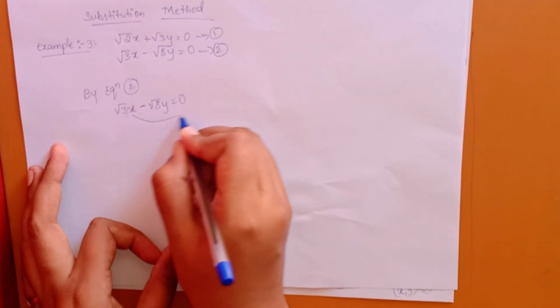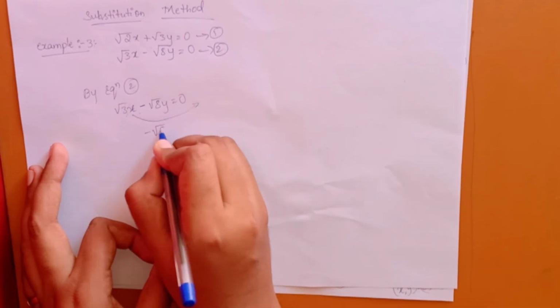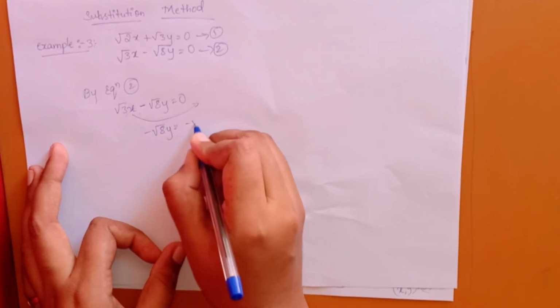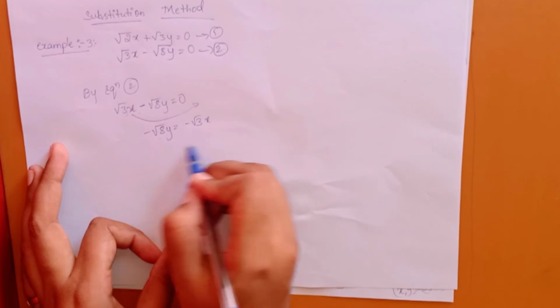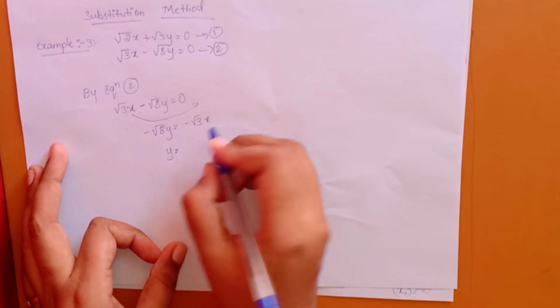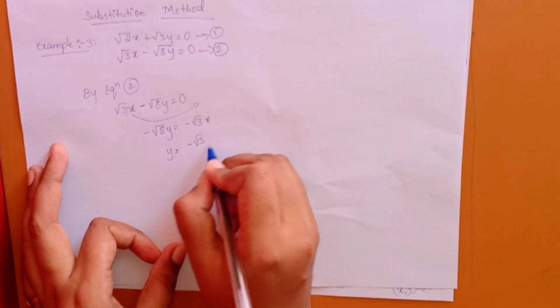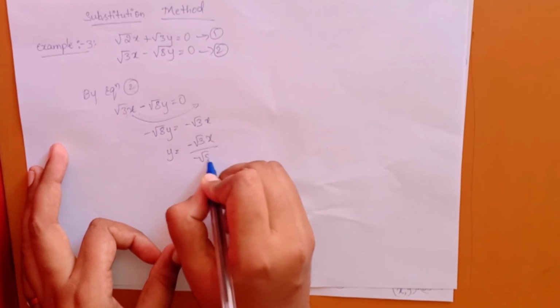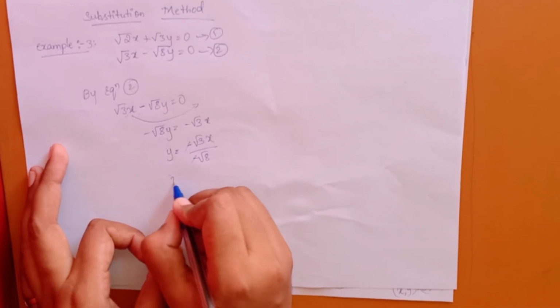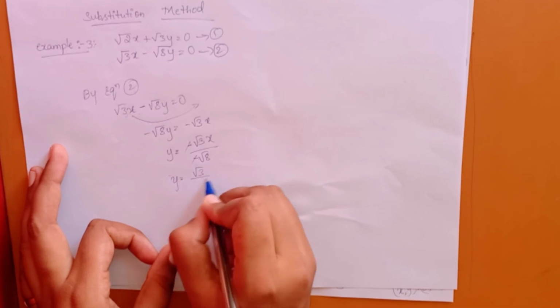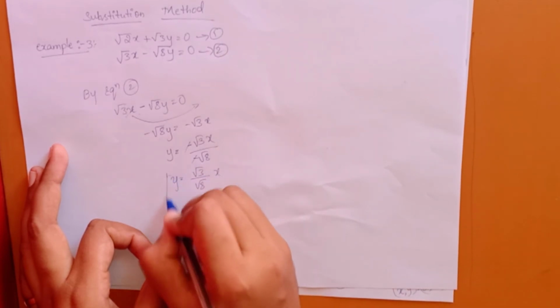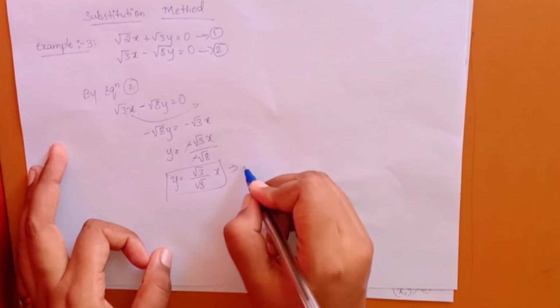Now I'll take this one term to this side. So root 8y is equal to root 3x. Now I'll take this one to this side. So I'll get y is equal to minus root 3x by minus root 8. Minus minus cancels, we'll get y is equal to root 3 by root 8 times x, equation 3.